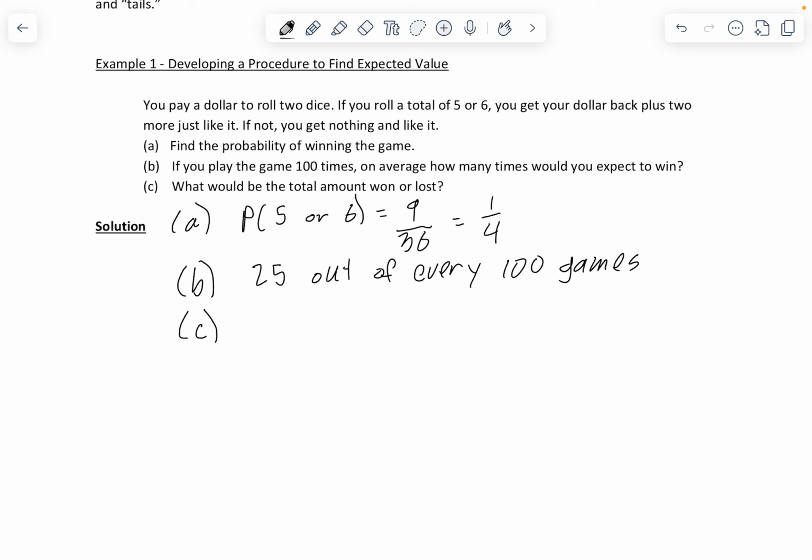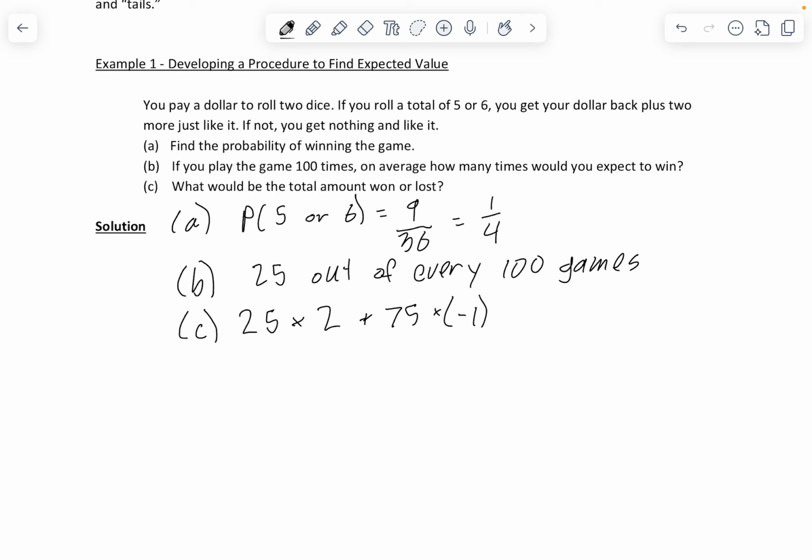So you come out ahead by $2 if you win, right? So it would look like this. If you win, you come out ahead by $2, right? So you would expect to be about 25 wins and about 75 losses. And when you lose, you're out $1, right?